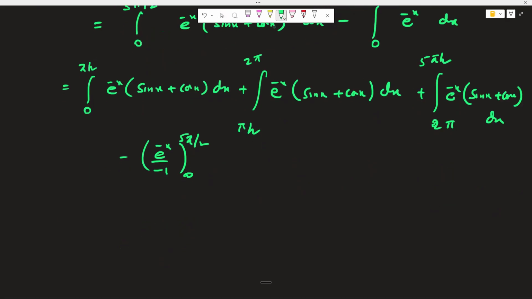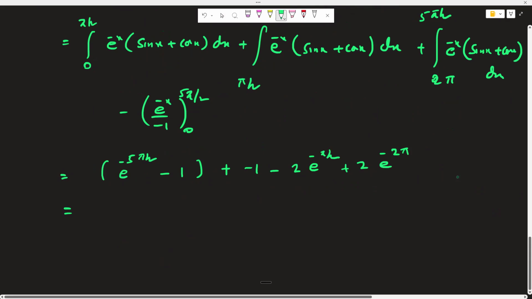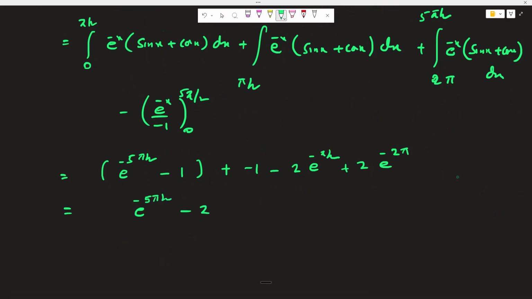Okay. So this value will be e power minus 5 pi by 2 minus 2 into e power minus pi by 2 plus 2 into e power minus 2 pi.